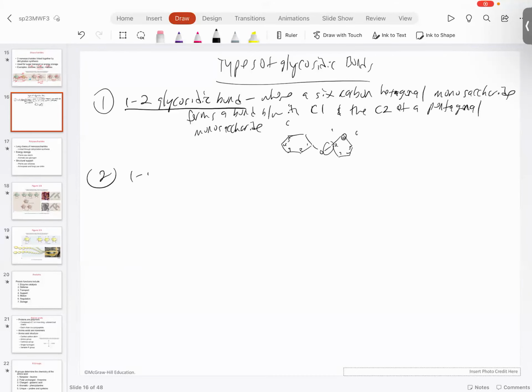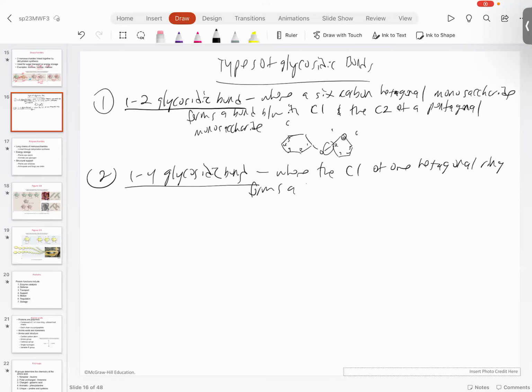The second one is one we see mostly. This is the 1,4 glycosidic bond. This is where the carbon 1 of one hexagonal ring forms a bond with the carbon 4 of another. So in this particular case, there's our bond.